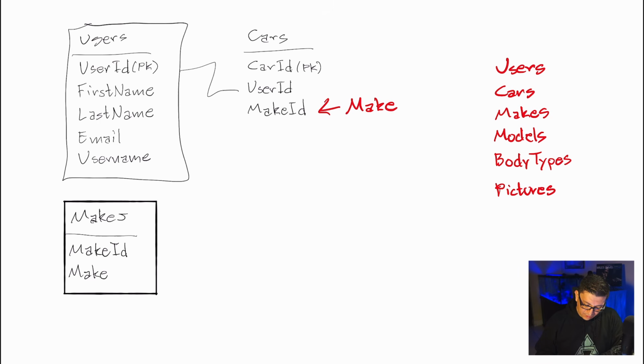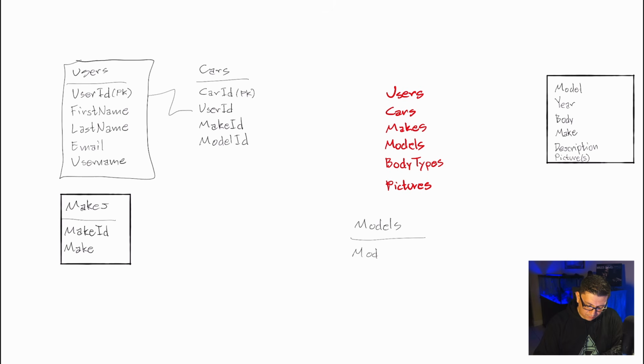Okay, so let's continue. The next thing that we are going to break out will be the model. And here it's the same thing that we were doing before. We're going to have model ID, and you probably guessed it, this will go to a models table. Again, this will be model ID and model.